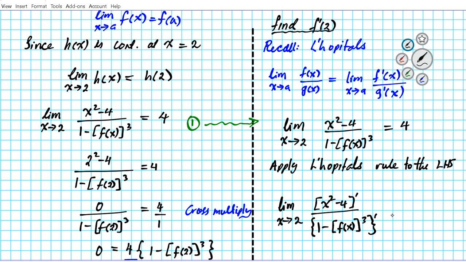That is the same thing as 4. The limit doesn't change.